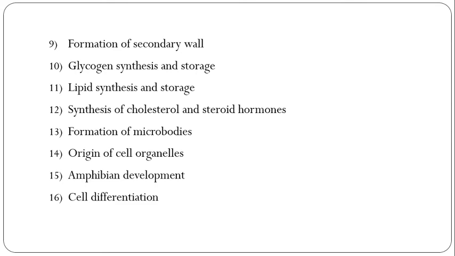It was found that label material was seen in the smooth endoplasmic reticulum and rough endoplasmic reticulum after 2 minutes. Claude in 1970 suggested that triglyceride synthesis may be limited to the smooth ER, while protein and perhaps phospholipids are synthesized in the rough ER.